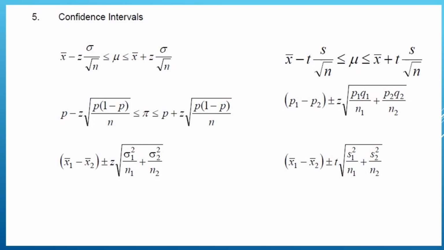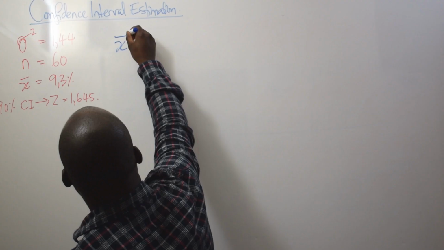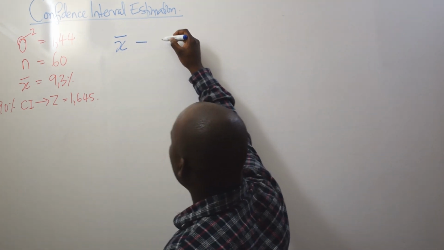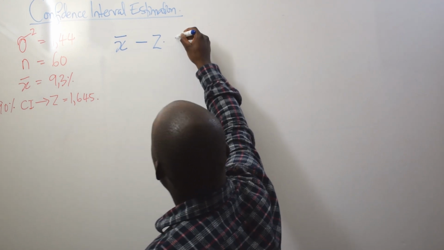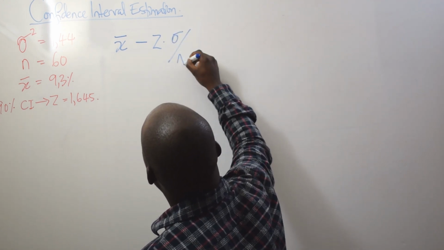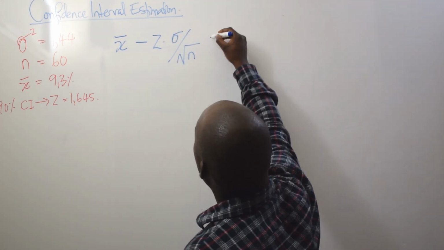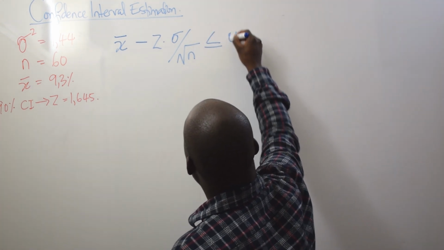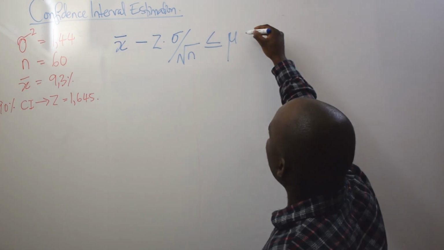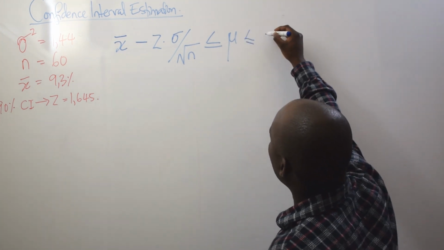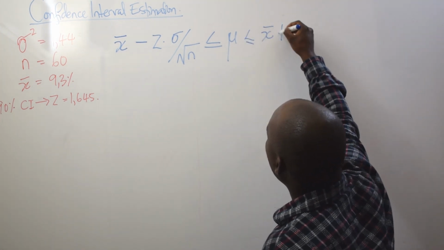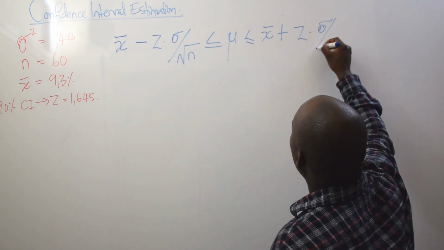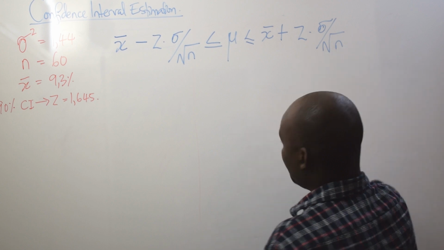If you go down to the formula sheet, you see that it says x bar minus z multiplied by sigma over the square root of n is less than or equal to the population mean mu, which is less than or equal to x bar plus z multiplied by sigma over the square root of n.